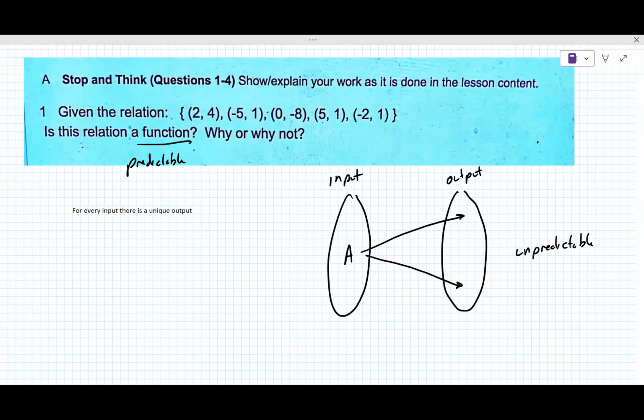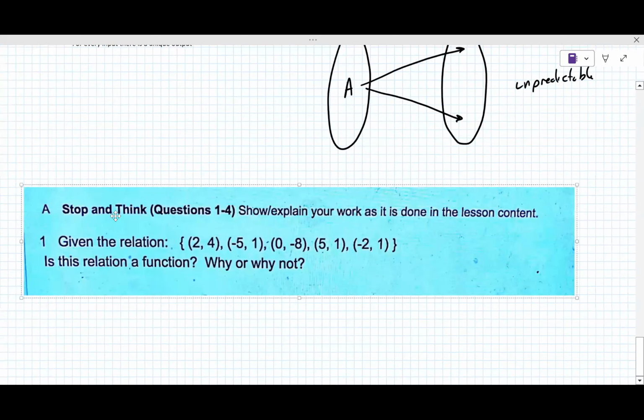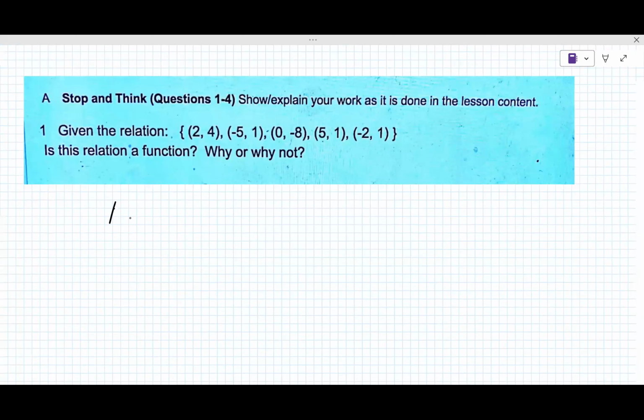Now in terms of how to actually do this problem in front of you, I'm going to give you some guidance. The first thing you're looking for are duplicates in X. So look at just the X values, and do you see any duplicates?